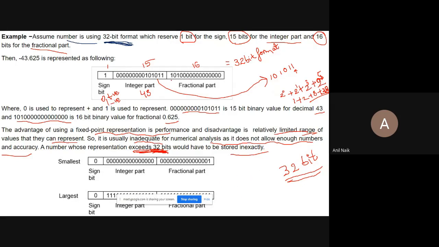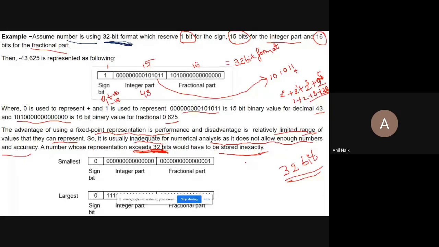For example, in the fractional part, if there are more than 16 bits, we have to neglect the remaining bits. We have to consider only 16 bits. So if it exceeds the 32 bits, it is stored inexactly.